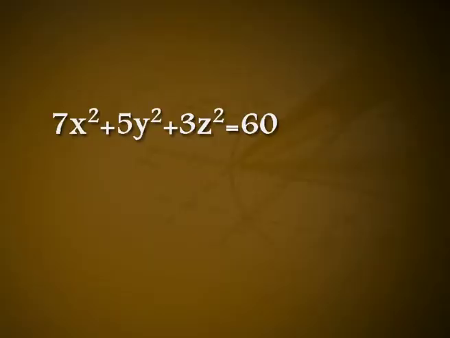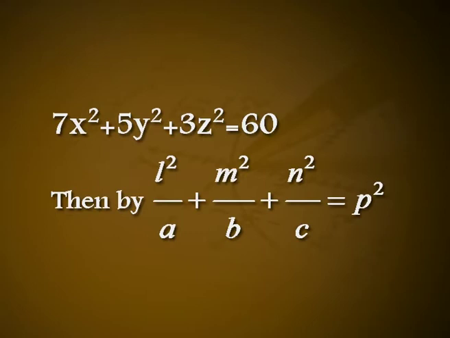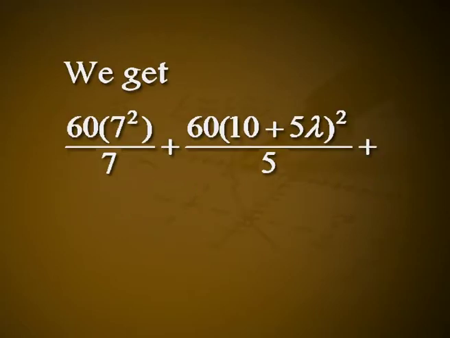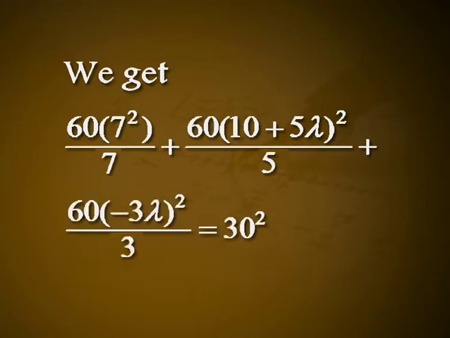If it touches the conicoid 7x square plus 5y square plus 3z square is equal to 60, then by l square by a plus m square by b plus n square by c is equal to p square, we get 60 into 7 square by 7 plus 60 into 10 plus 5 lambda whole square by 5 plus 60 into minus 3 lambda square by 3 is equal to 30 square.